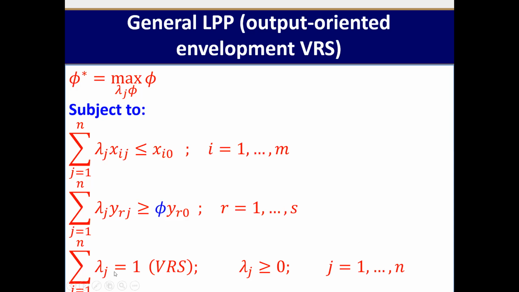But guys, listen, you will not be able to know whether VRS is operating or CRS is operating unless you test it. That is why all of you will have to do that test. It's called testing the property of returns to scale. We call it the scale elasticity at the industry level.